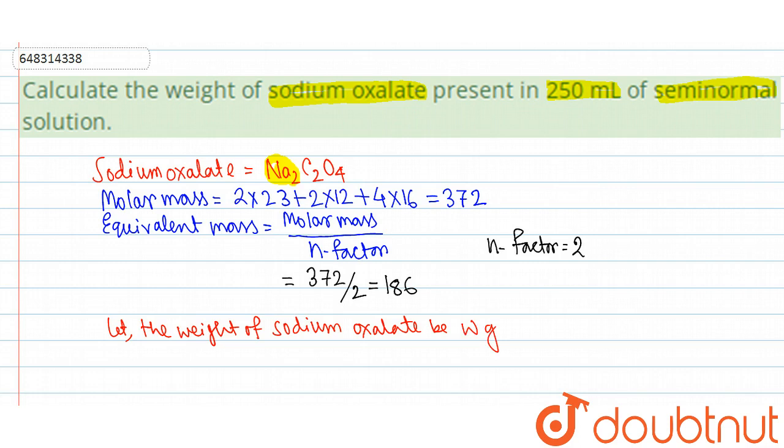So what is the number of equivalents? What is the formula of number of equivalents? That is the given mass by the equivalent mass. So that is W by 67. So this is the number of equivalents.